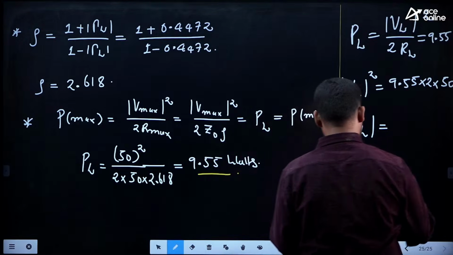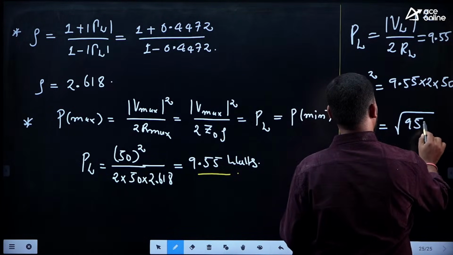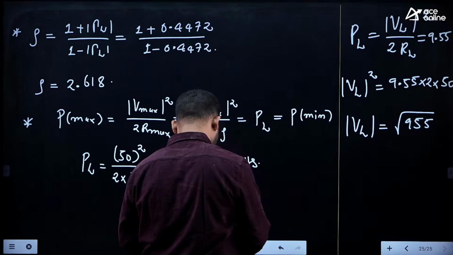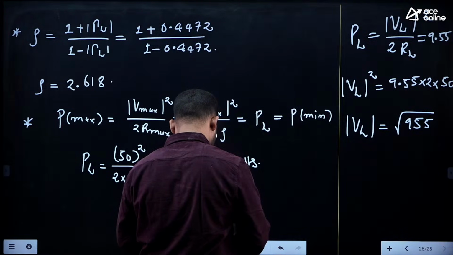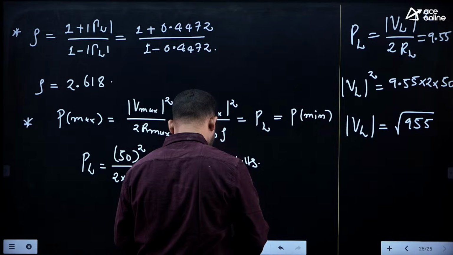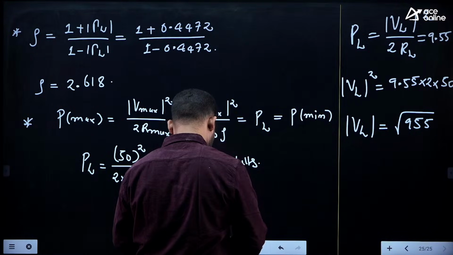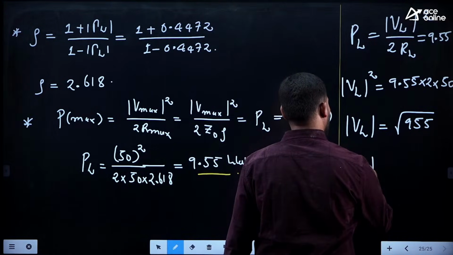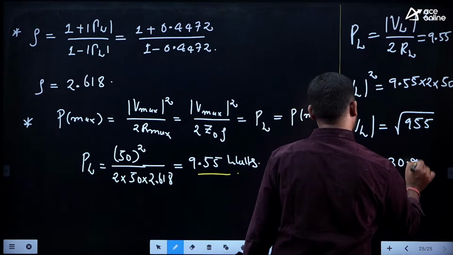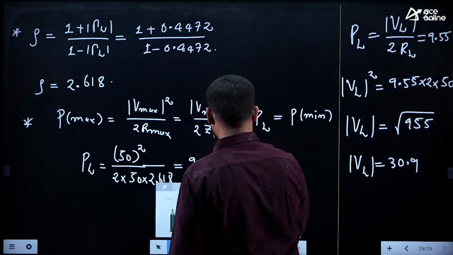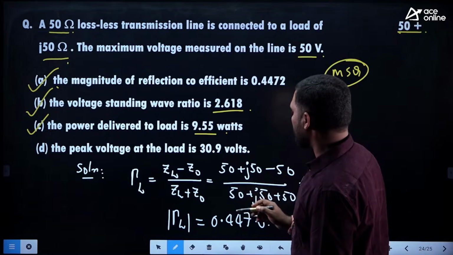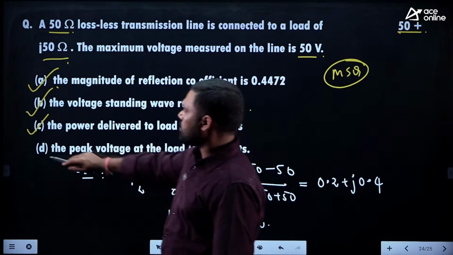So this one is square root of 955. Yes, it is 30.9, or simply 31. 30.9 volts. Go back to the options here. 30.9 volts. Yes. So option D is also correct.